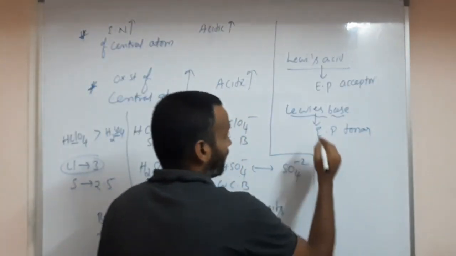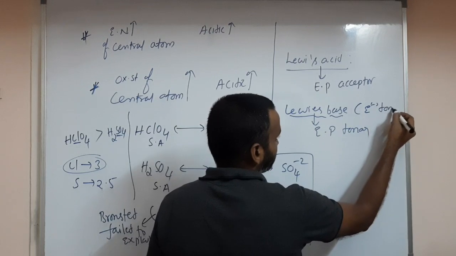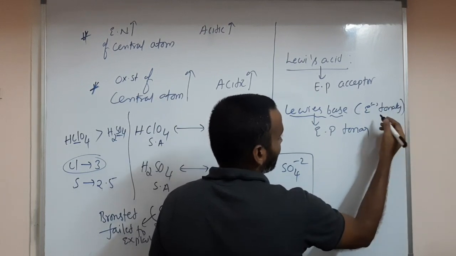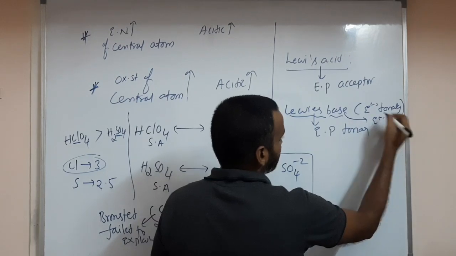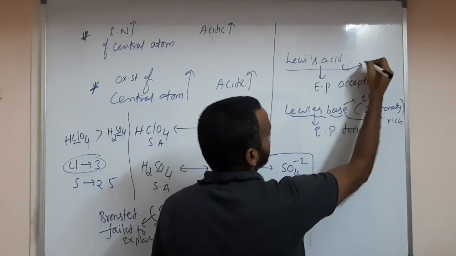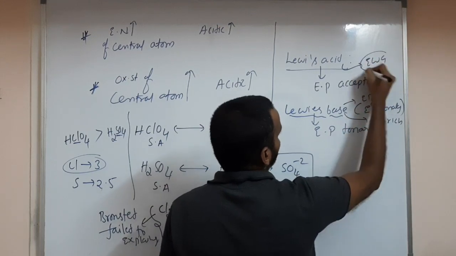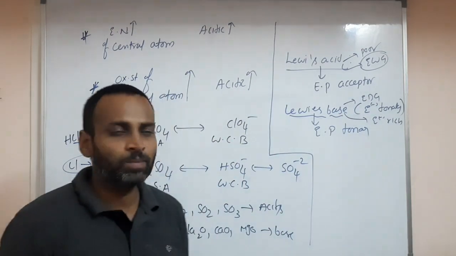Very simple. A Lewis base means electron donating. These are electron rich, so these are electron donating groups, EDG. These are electron withdrawing groups. These are poor. Who are poor?